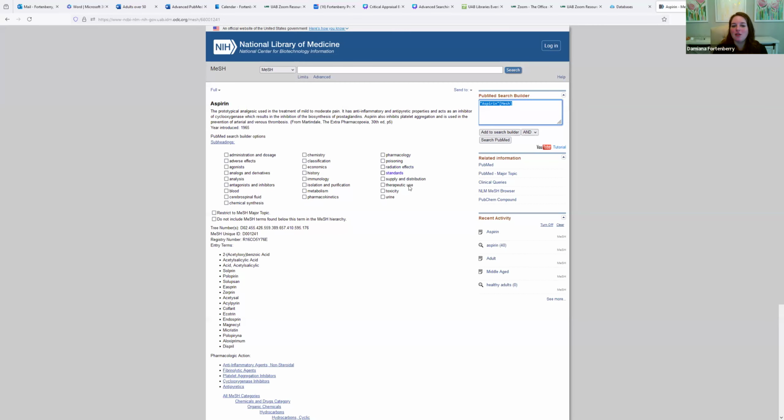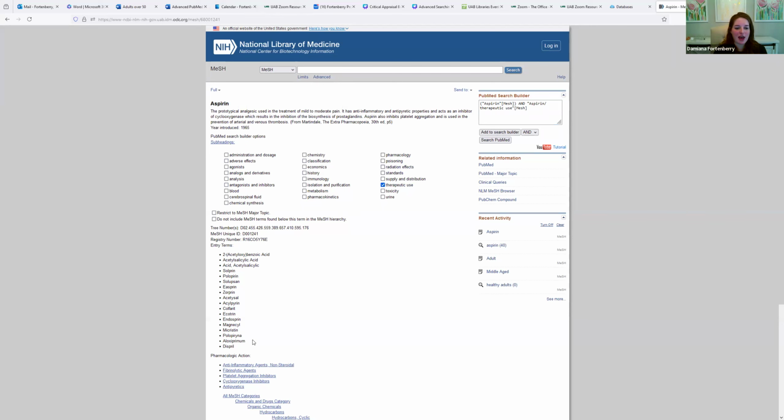You can always go back here and say, look, I did aspirin, but what happens if I change that to aspirin and therapeutic use? What if I change that to both aspirin and therapeutic use? Or put an OR here. So it's iterative, like I've said.